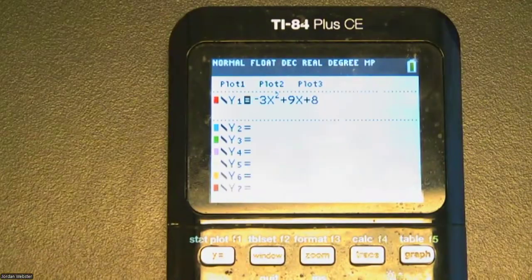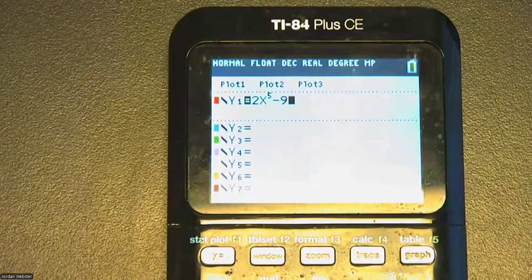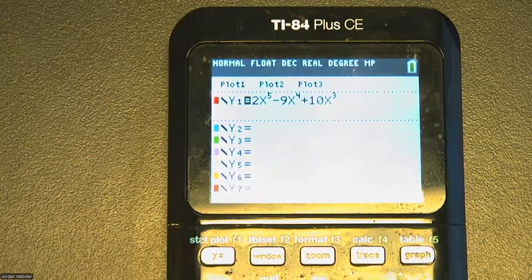So we go y equals, and then I'm going to plug in my equation. 2x to the 5th minus 9x to the 4th, and then plus 10x to the third minus 45x squared.